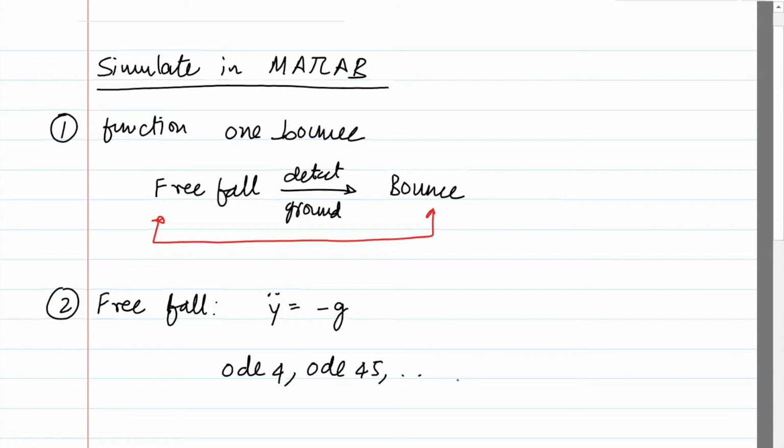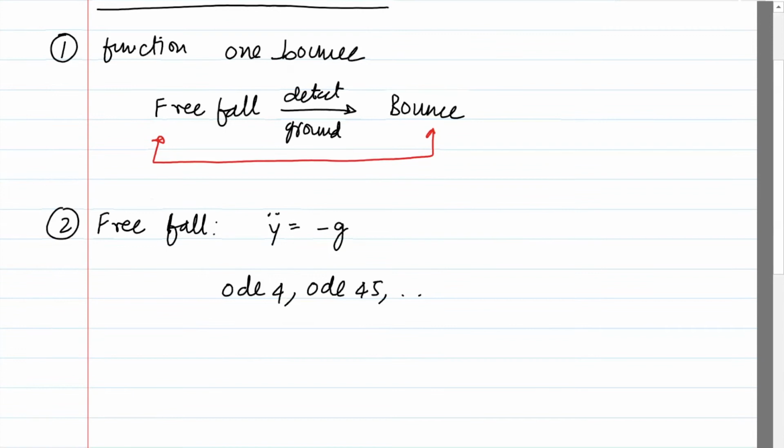When we normally use ODE4 or ODE45, we are integrating the equations for a given time. So 5 seconds, 4 seconds, 3 seconds. And at some point we stop the integration, and that stopping is really time based.